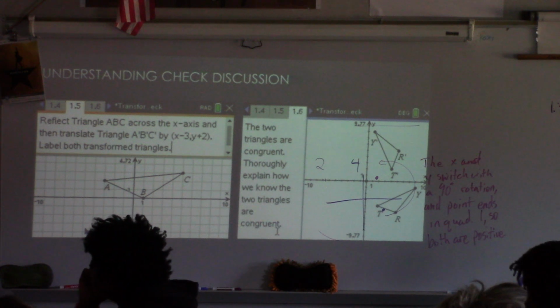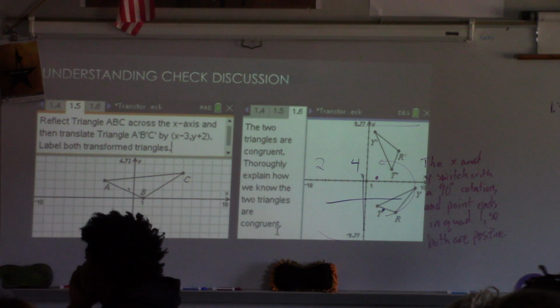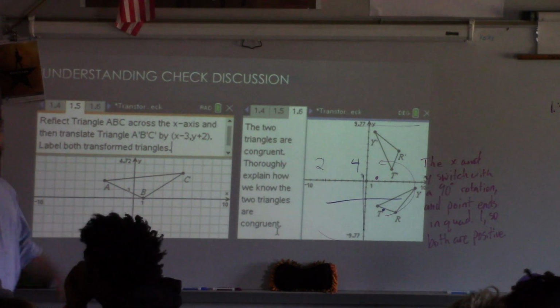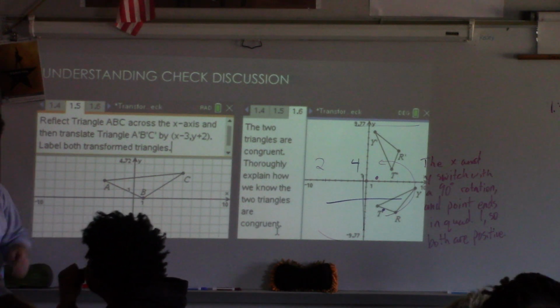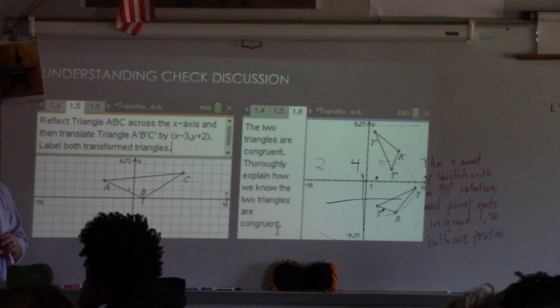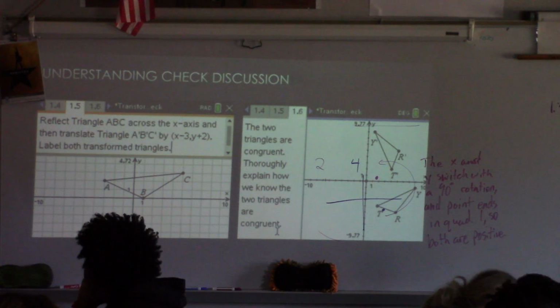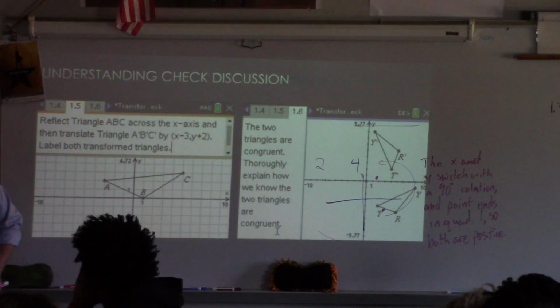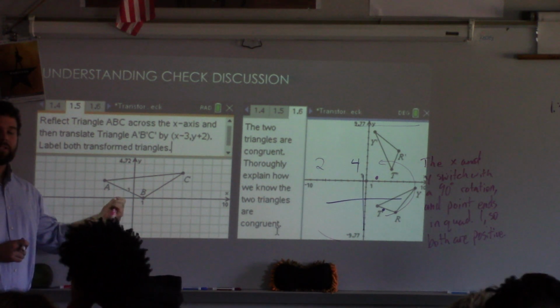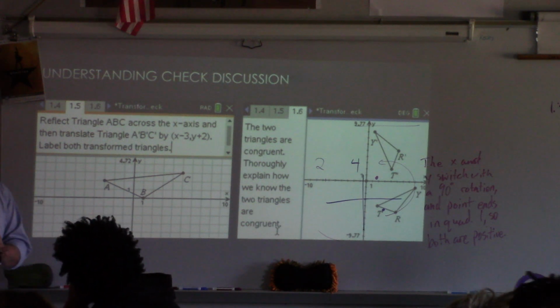Tell me what you did. Talk me through it. So, I put down the coordinates that I could, the points that I got for the image. The pre-image is already here. What points did you get for the image?